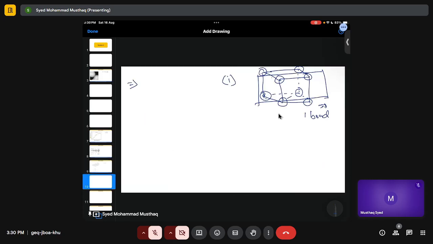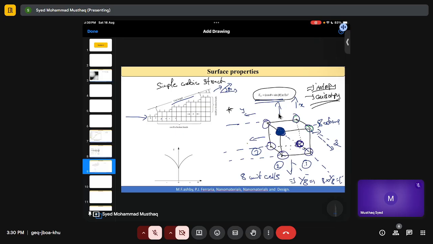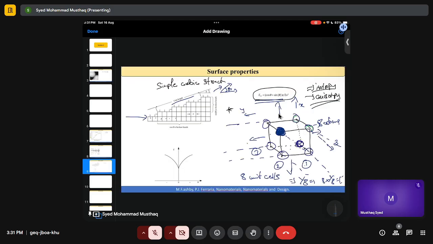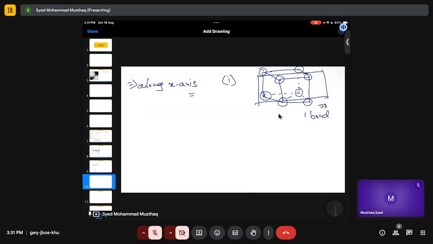We know each bond length is a, that is nothing but the lattice parameter. Now along the x-axis, we know the x-axis length is, and because this is 1, let me draw the triangle here.